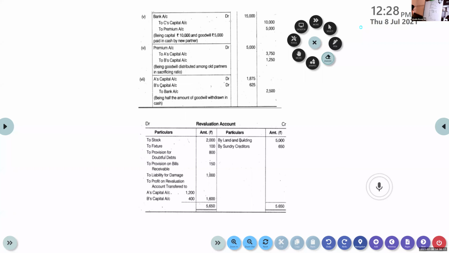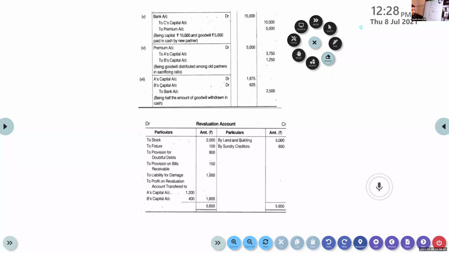So in the revaluation account, only the changes that are happening to the values of assets and liabilities will be recorded, nothing else. Asset increase, asset decrease, whatever the change is, and similarly for the liabilities, whether there is an increase or decrease.